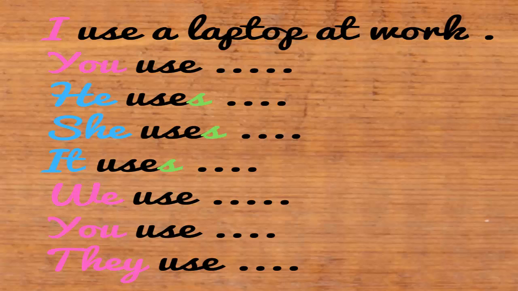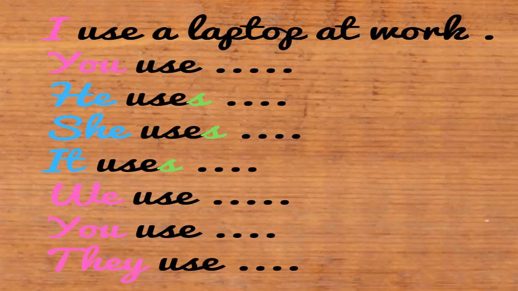Notice here the verb in simple present with he, she, and it takes S at the end because it is built in simple present or present tense. I use a laptop at work. You can build any sentence that comes to your mind.